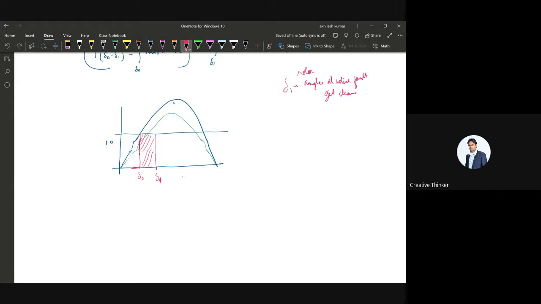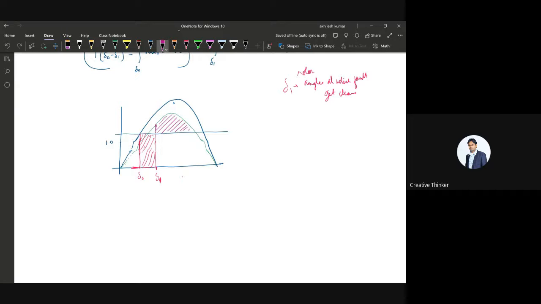Now the fault gets cleared. The machine will decelerate. The machine will jump to this position, and this is the possible decelerating area, which may be greater or less depending upon delta 1.